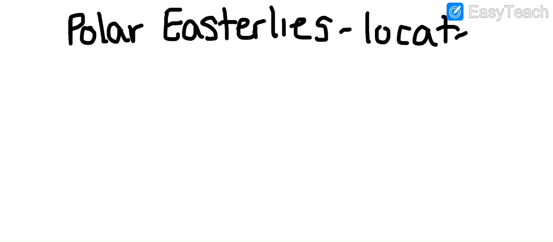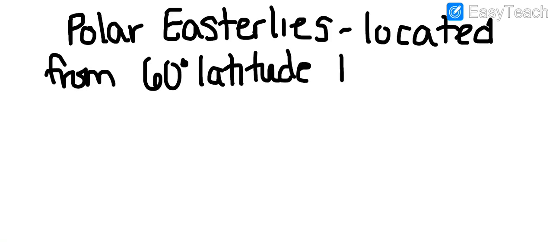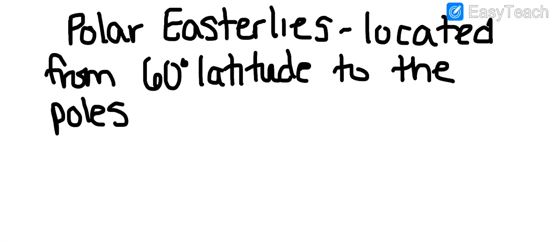Polar easterlies are located from 60 degrees latitude, that's north or south again, to the poles. They flow from east to west.